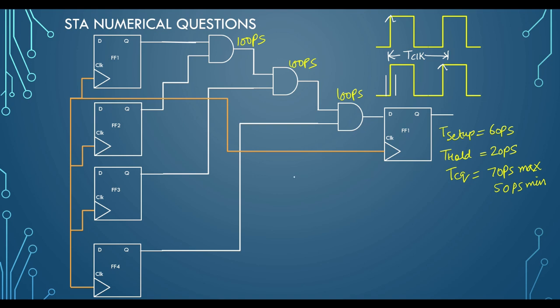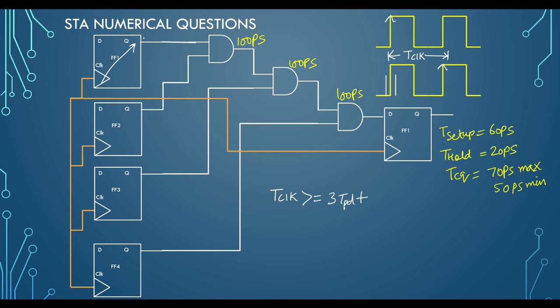In this path, we want our data to reach before the capture edge occurs on the capture flip-flop. So the clock period TCLK should be at least greater than this entire delay. That means three AND gate propagation delays, plus the TCQ delay.